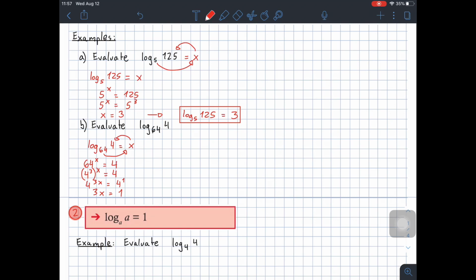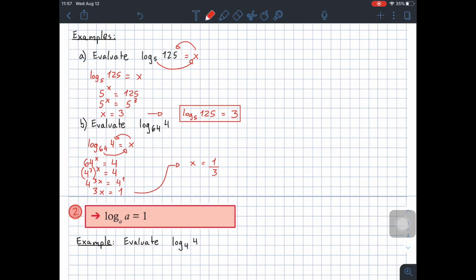And that means that x is equal to 1/3. So the logarithm base 64 of 4 is equal to 1/3. Okay? I hope this is clear for you. So that's the result.